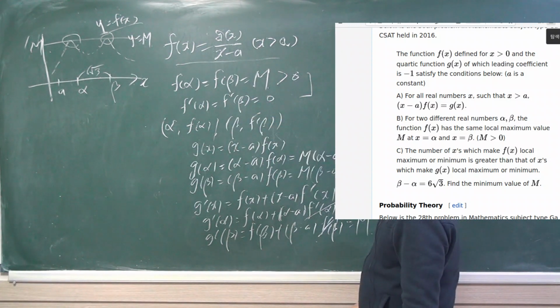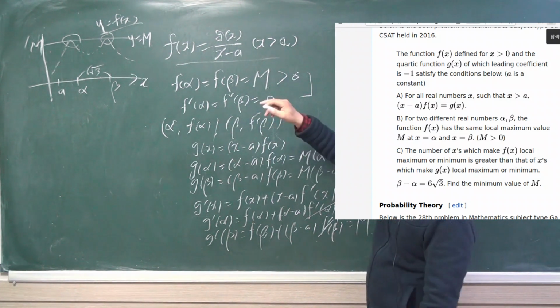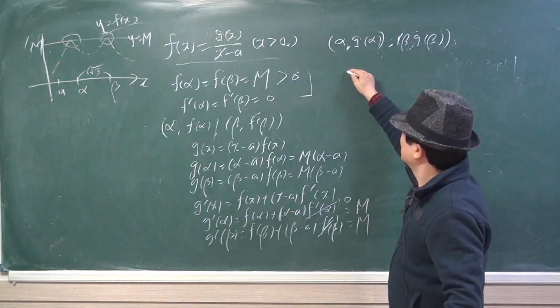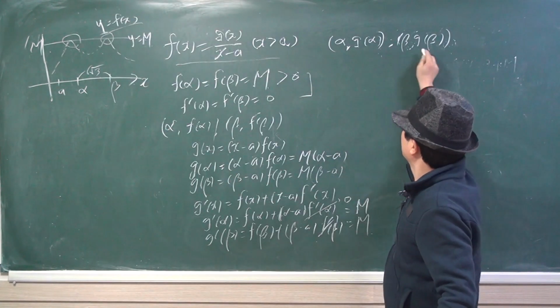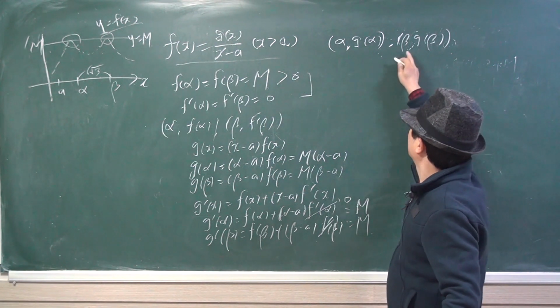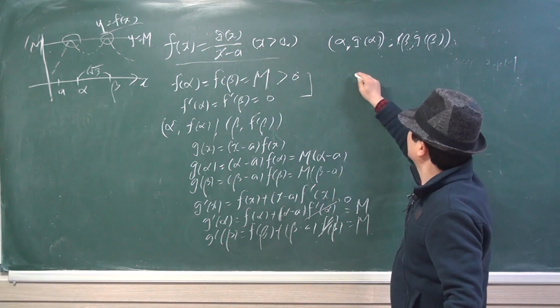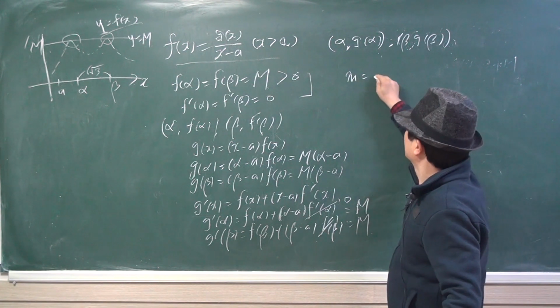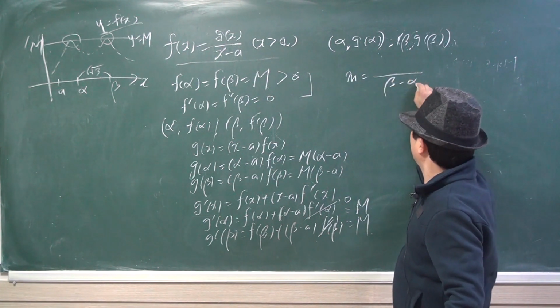There's another thing to check. We will find the slope of the segment between (alpha, g(alpha)) and (beta, g(beta)), which is (g(beta) minus g(alpha)) over (beta minus alpha).